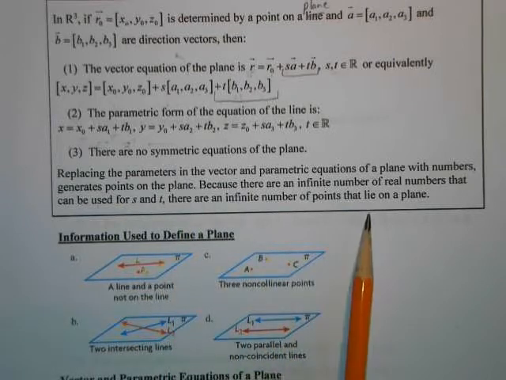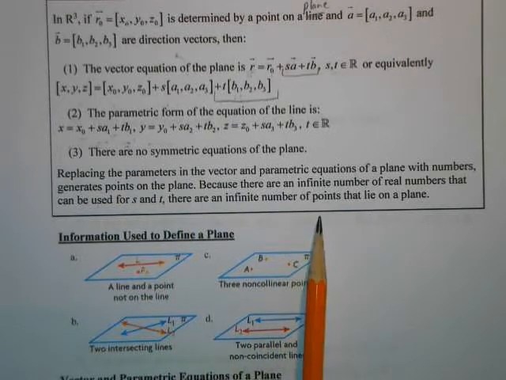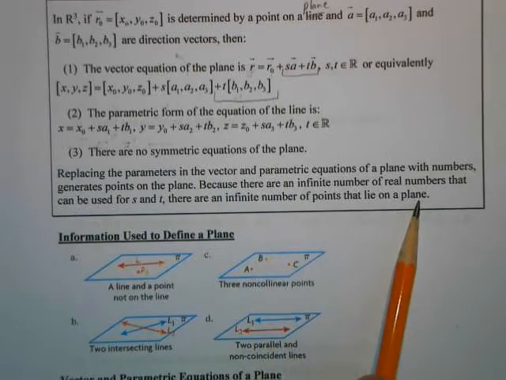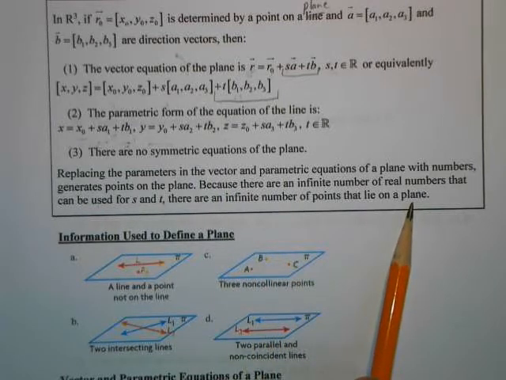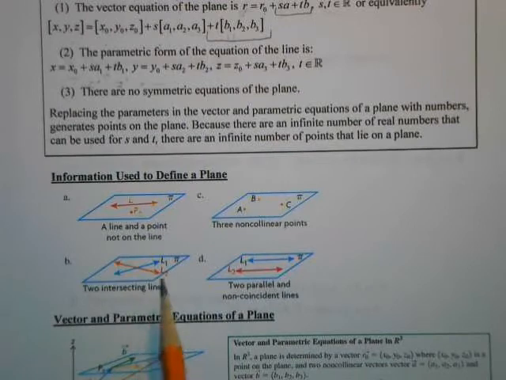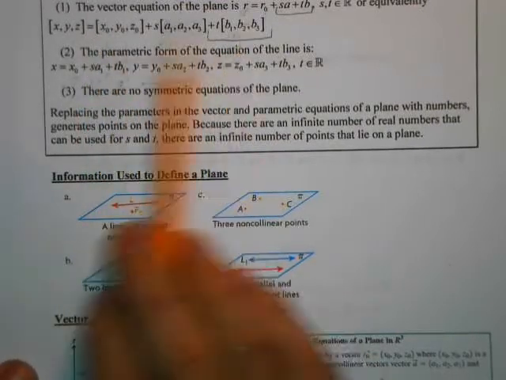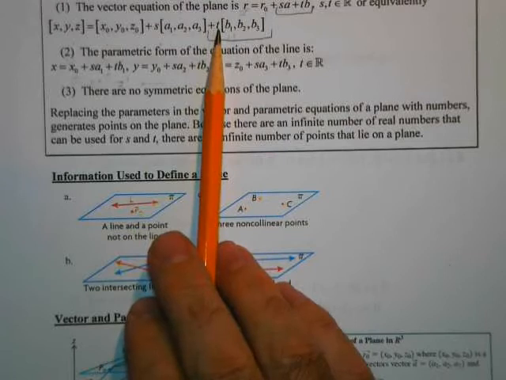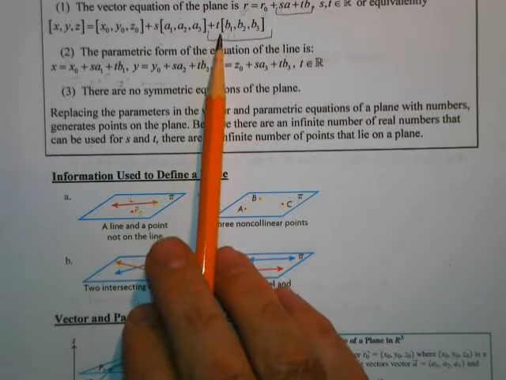Because there are an infinite number of real numbers that can be used for S and T, there are an infinite number of points that lie on a plane, just like there was an infinite number of points that were on the lines that we defined previously. Okay, so we've ramped up our vector equation to have a second direction vector with a second scalar, so we're defining a two-dimensional thing, the plane, instead of a one-dimensional line.